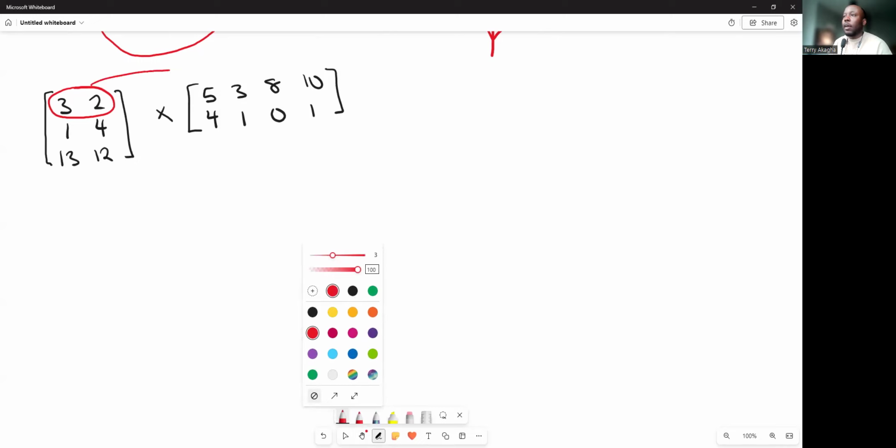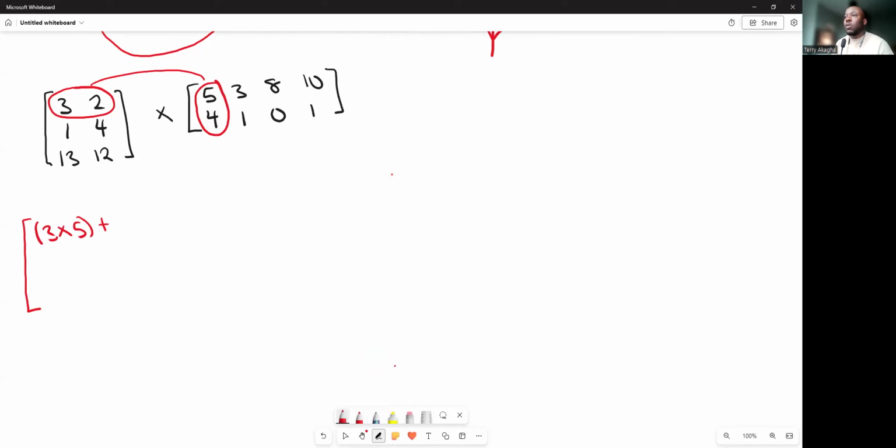It's going to open the bracket for the first column, so it's going to become 3 times 5 plus 2 times 4.